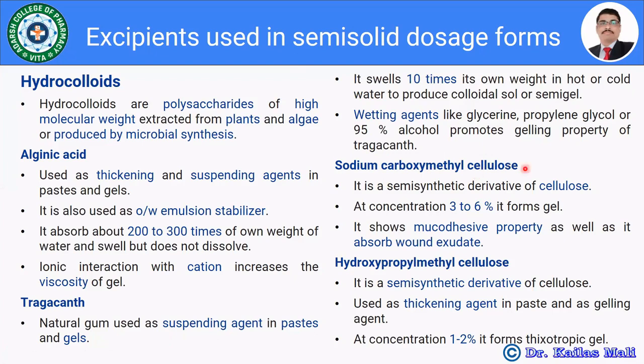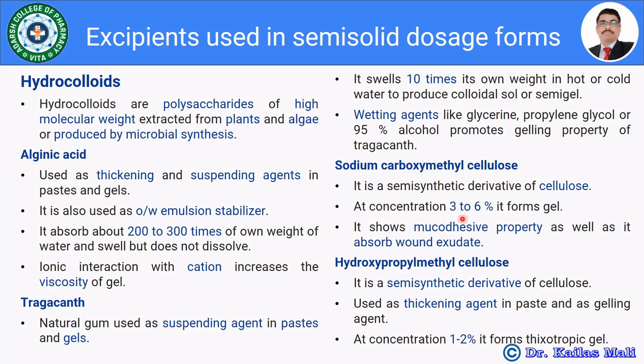Then sodium carboxymethyl cellulose. Sodium carboxymethyl cellulose is a semi-synthetic derivative of cellulose. Cellulose is a natural polymer, and after chemical modification, carboxymethylation, we get the sodium carboxymethyl cellulose.